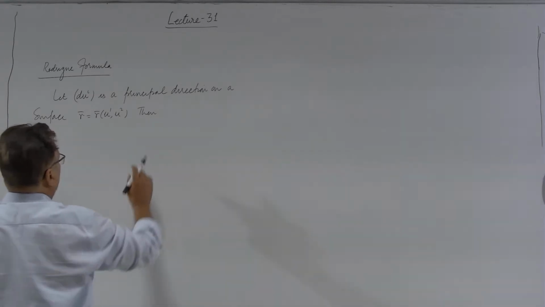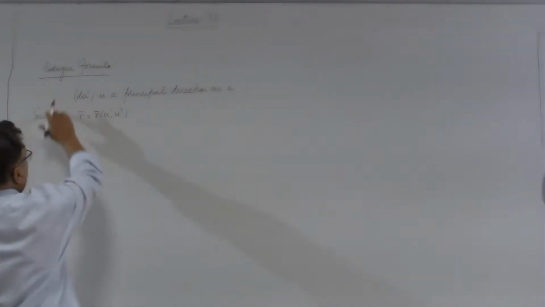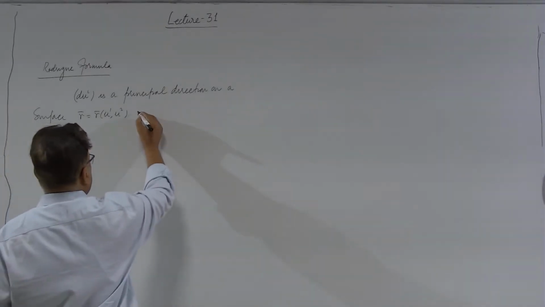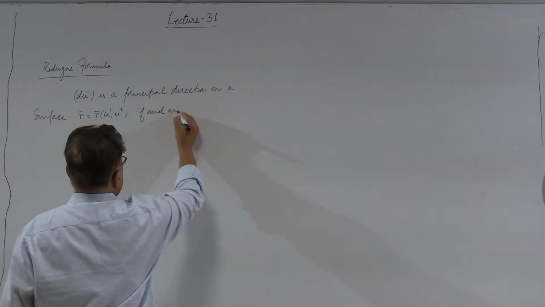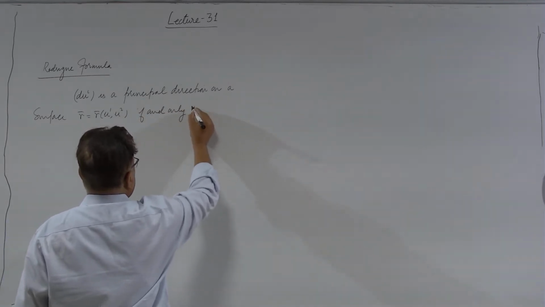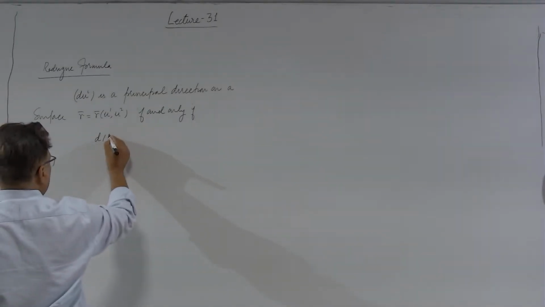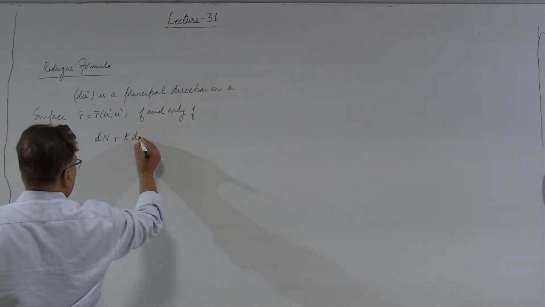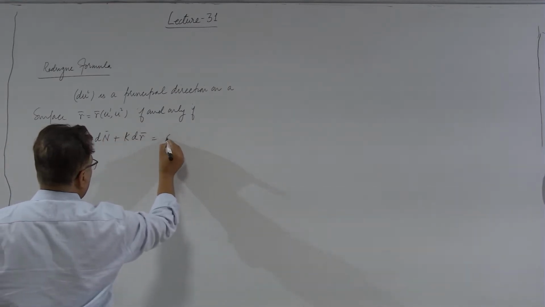in fact then it is true from both sides. dui is a principal direction on a surface if and only if dn plus k dr equal to 0.